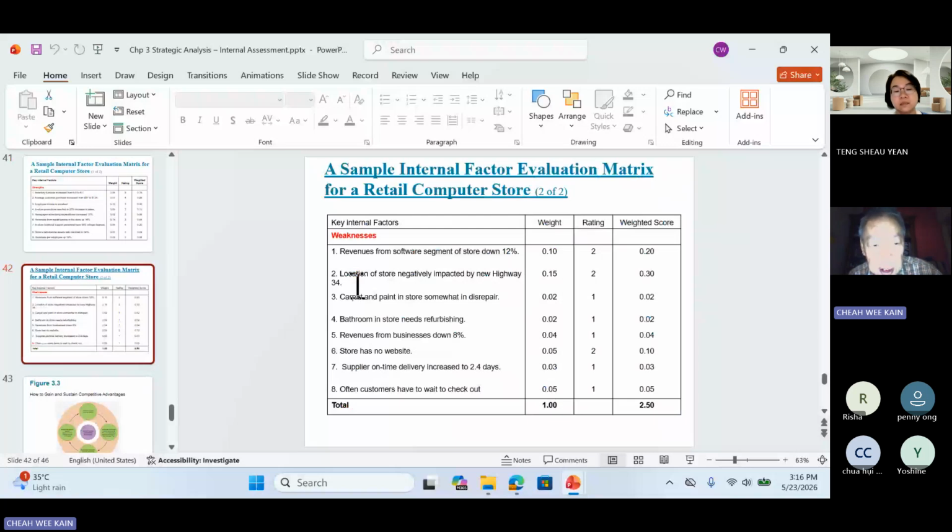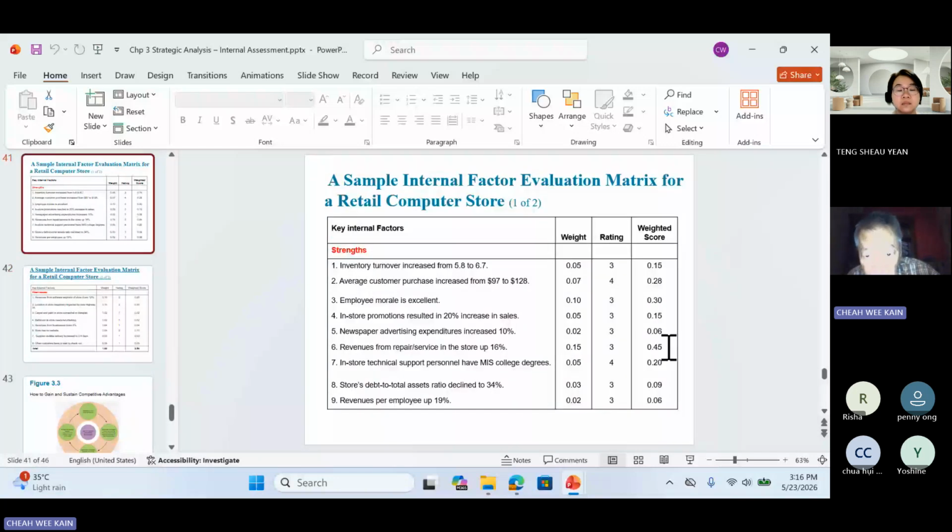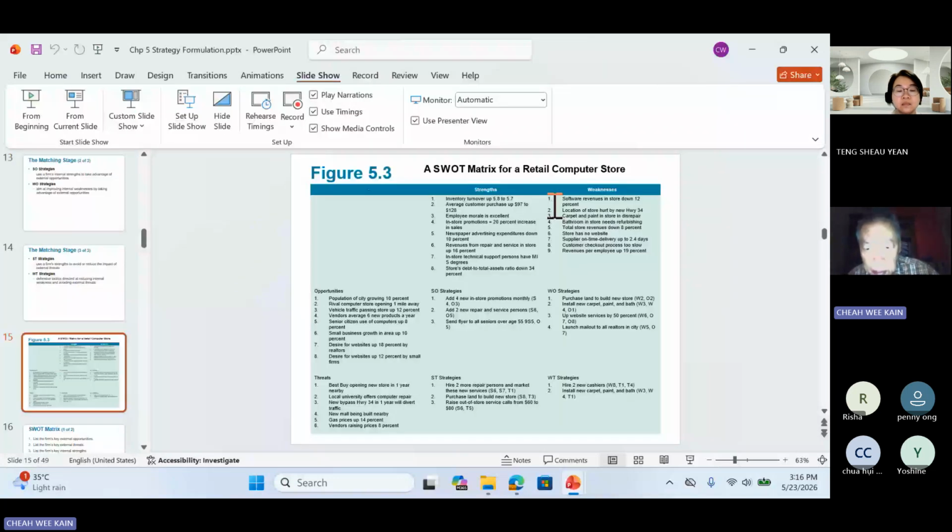Then you can select your strength, which one is the highest, the weighted score. So that's what I mean. When you are in chapter 5, you put all your strengths and weaknesses here, put a bracket with the weighted score, and then you try to match the highest strength with the highest opportunity. That's how you make your strategies.